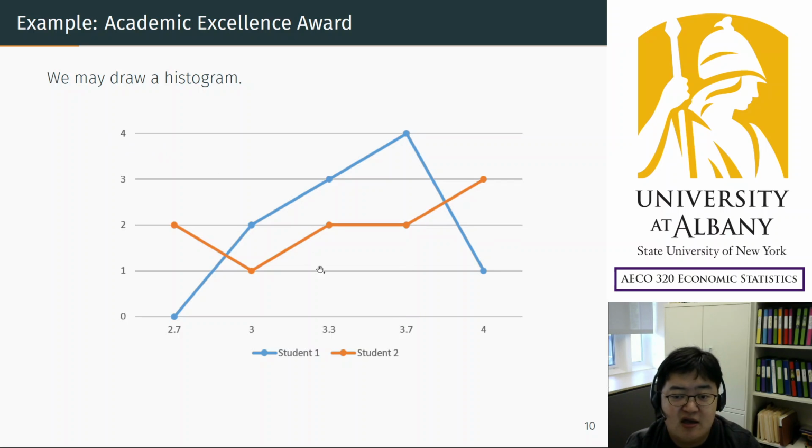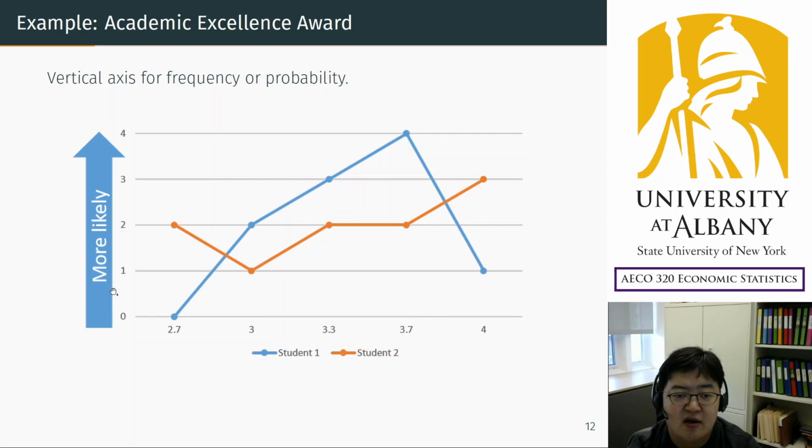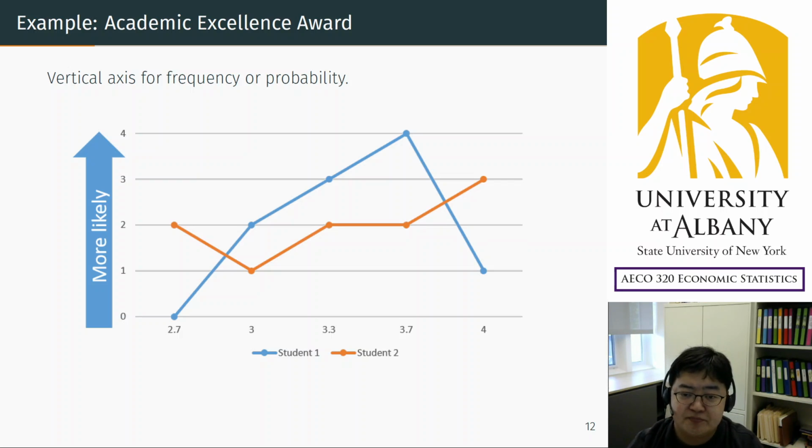It is based on the frequency distribution table. It is also easy to understand the histogram because a greater outcome goes in this direction and more likely as you go in this direction. So if the table is converted visually in this way and we put two students in the same graph, we can compare them.